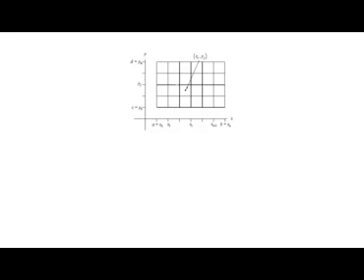Now we shall see how to evaluate the double integral. Since the region R is bounded by the lines x equal to a, x equal to b, y equal to c and y equal to d, x varies from a to b and y varies from c to d.